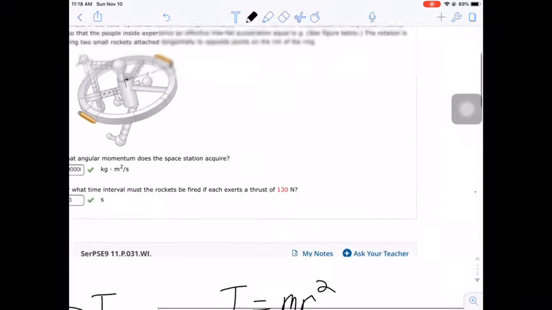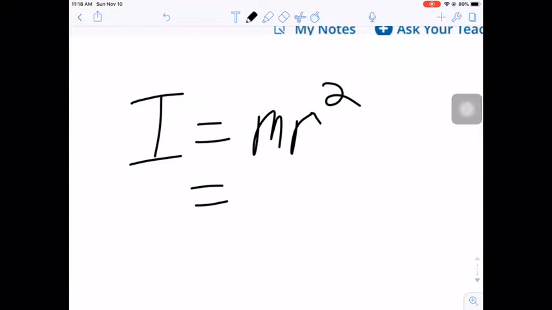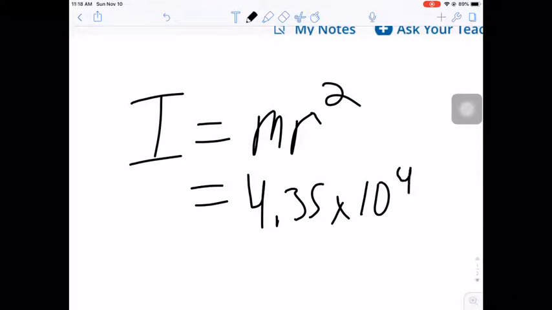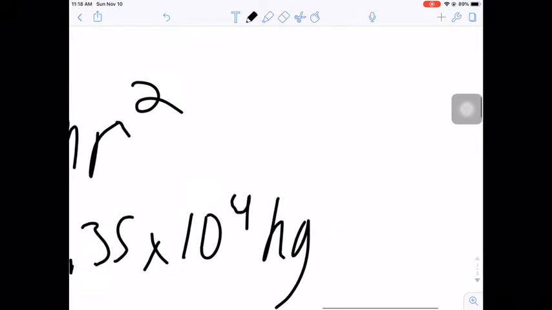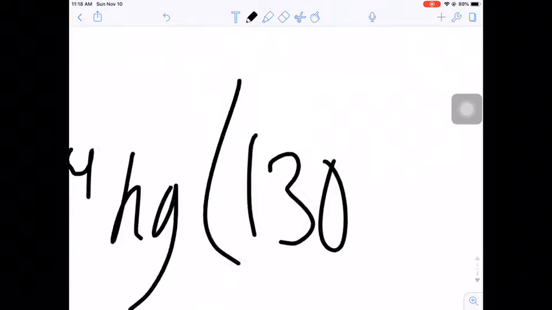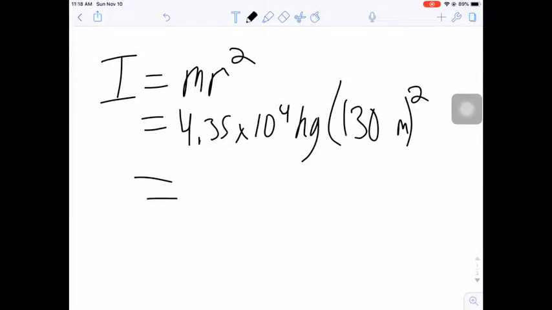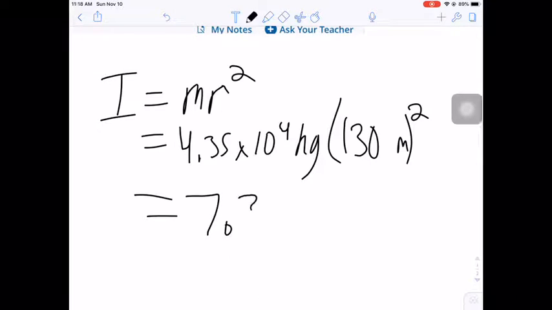So then we can just plug this in. m is 4.35 times 10 to the 4th kilograms, times r, which was 130 meters, squared. You get 7.35 times 10 to the 8th.